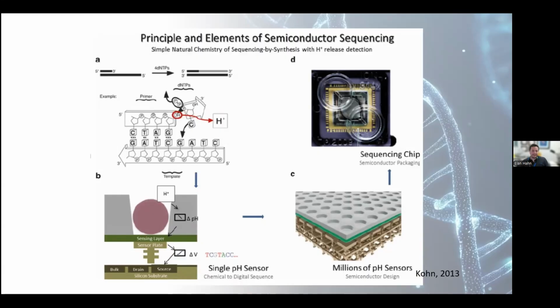And how it works is they add one dNTP at a time that flows across the well. If nothing's detected, then there's no signal. If something's detected, then we know in this specific well that whatever dNTP was being flowed across is the one that's next in that sequence.